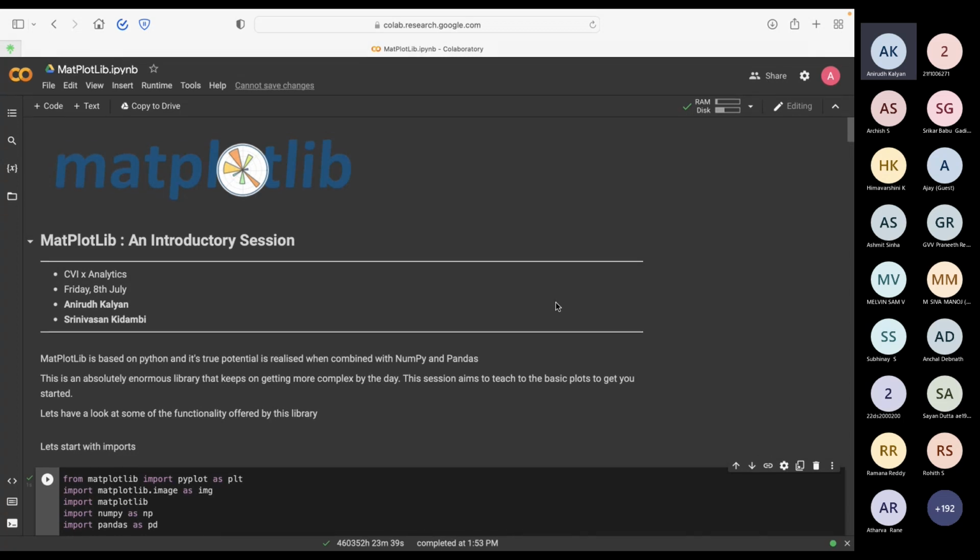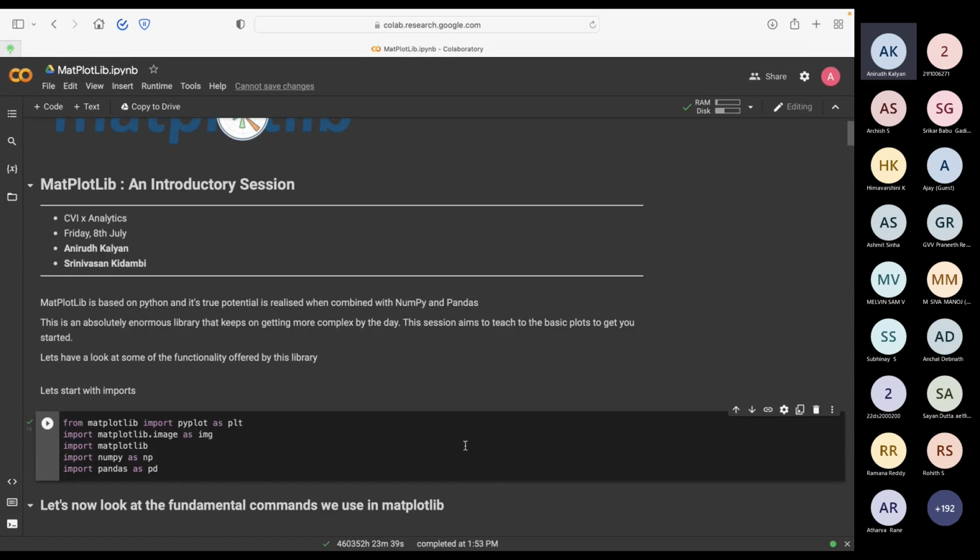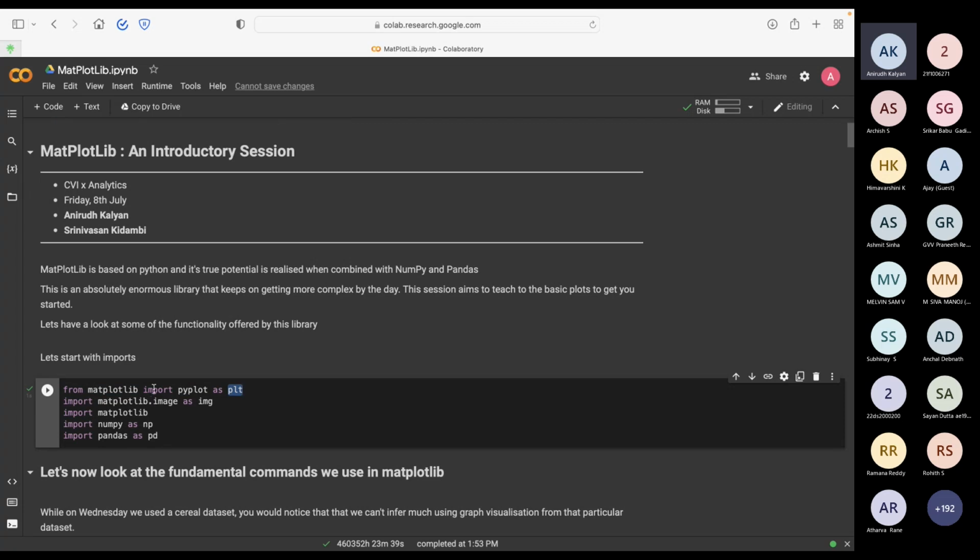Okay, fine. So let us start with what libraries I will be using. Nothing that we haven't seen before in terms of NumPy and Pandas. But here I'm also using from Matplotlib import pyplot as plt. Again, I'll be going through different segments within the same line of code. From Matplotlib, of course, this is your big library. From that, we are importing a sub-library, which we call pyplot.